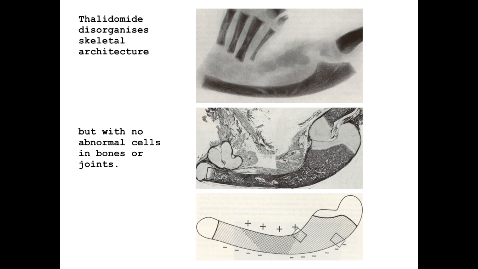There were specimens of bones and joints collected from autopsies and amputations in thalidomide children, and these were examined by Professor Willett and his colleagues in search of histopathology, that is, cell abnormality, the site of the lesion. And although the architecture of the bones and joints was distorted, no abnormal cells could be found in bone or cartilage, indicating that the disease is not in the skeleton itself, but in some other tissue or system, with secondary effects upon the skeletal tissue development.